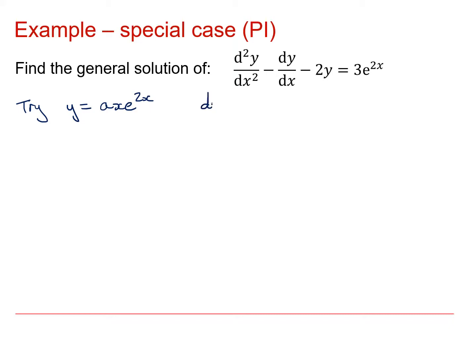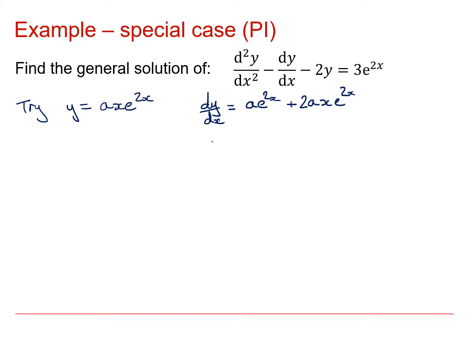So the first derivative, dy/dx, is equal to, it's a product, so we're going to differentiate the first, so a e to the 2x, and then we're going to differentiate the second, so we'll get ax e to the 2x, and we'll get a times 2, so we'll get 2ax e to the 2x.